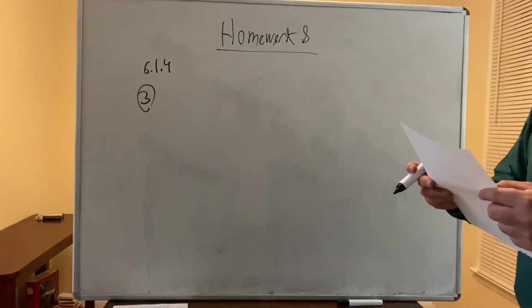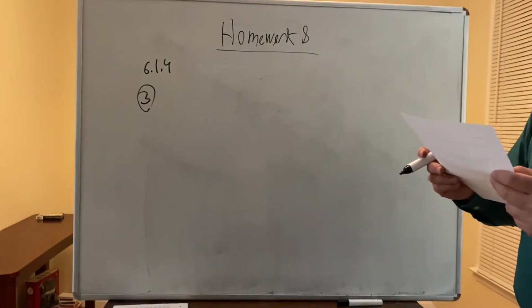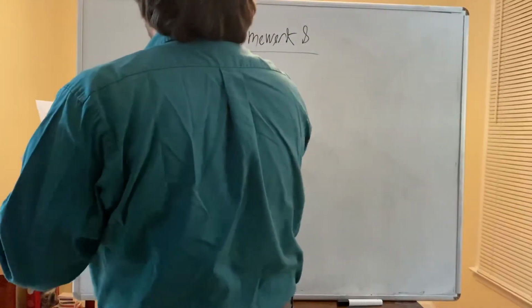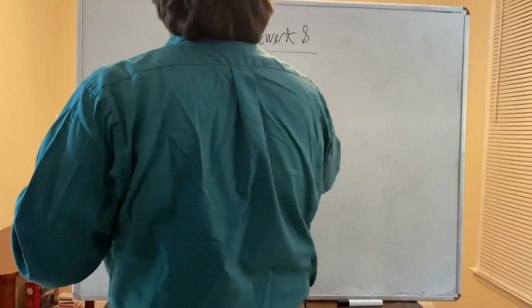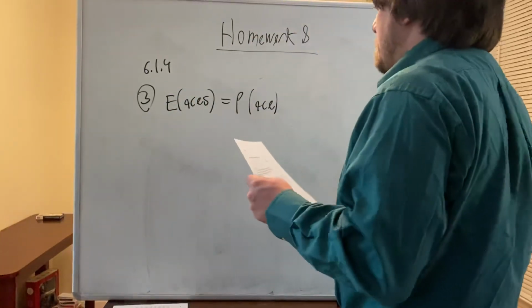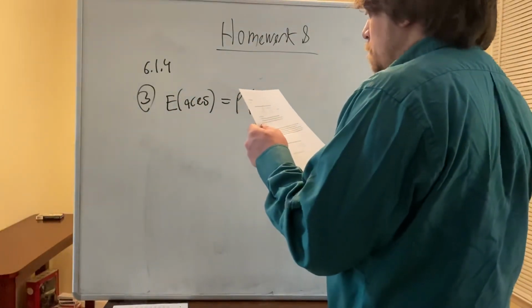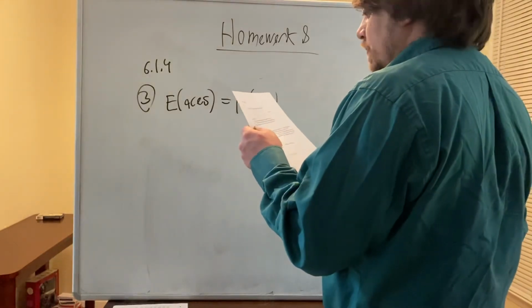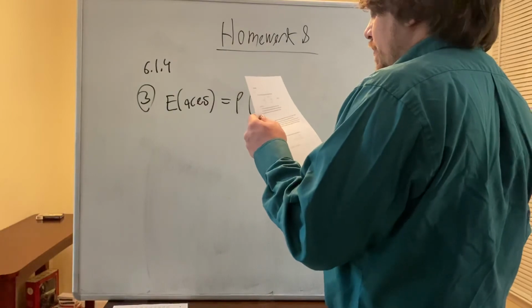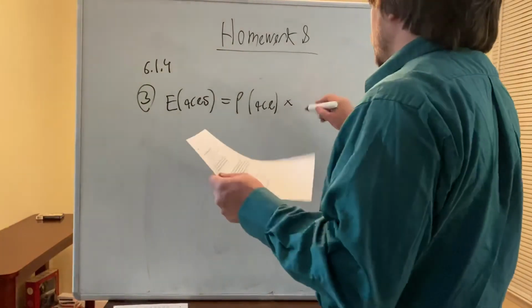For that one, it says find the expected number of aces in a poker hand of 5 cards. So the expected number of aces is the probability of an ace times the number of cards in the hand.